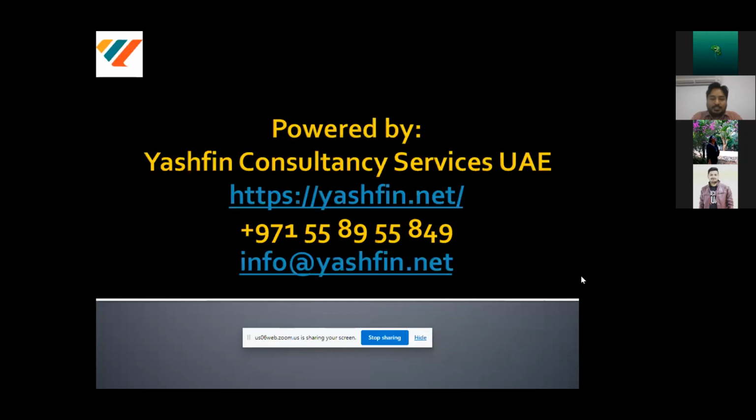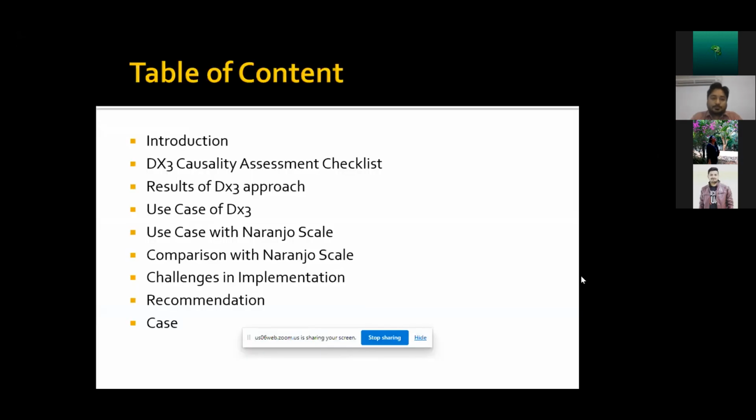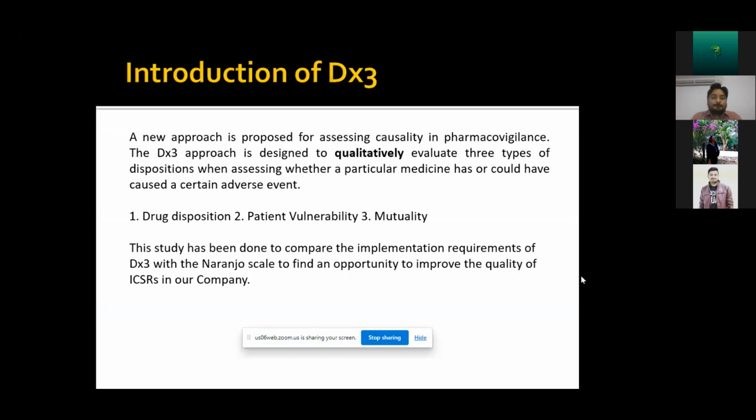This presentation is powered by Yashvin Consultancy Services, a UAE-based company providing pharmacovigilance, training, auditing and safety database services. These will be the different topics I will cover.